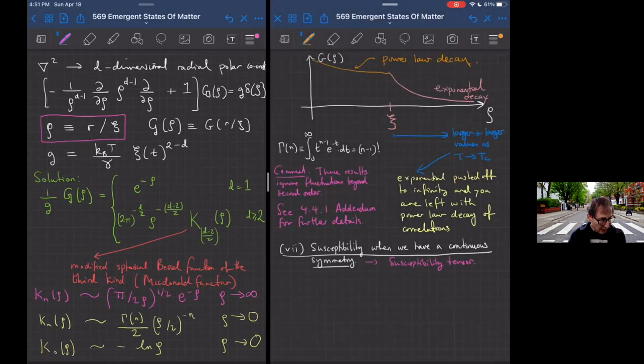Okay, so what is the basic idea here? We're now going to go back to the O(N) model that we talked about last lecture.